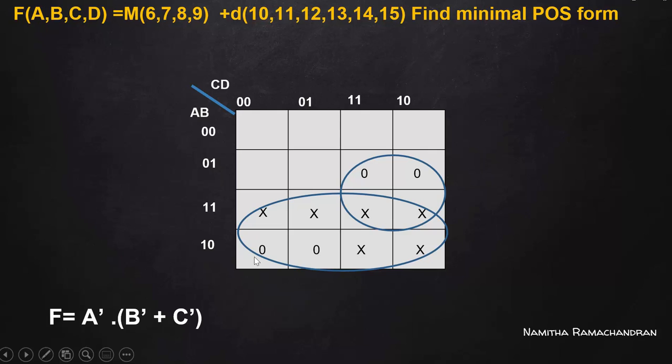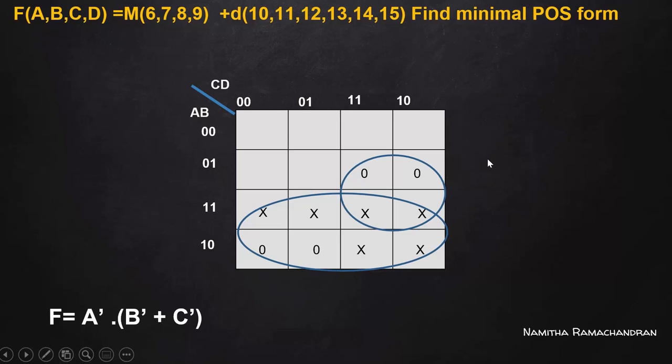That means we are considering the max terms here in this Kmap. So we combine these variables using OR operation and combine these max terms using AND operation. So this is the simplified form corresponding to this given POS form, by considering these don't cares also with these max terms.